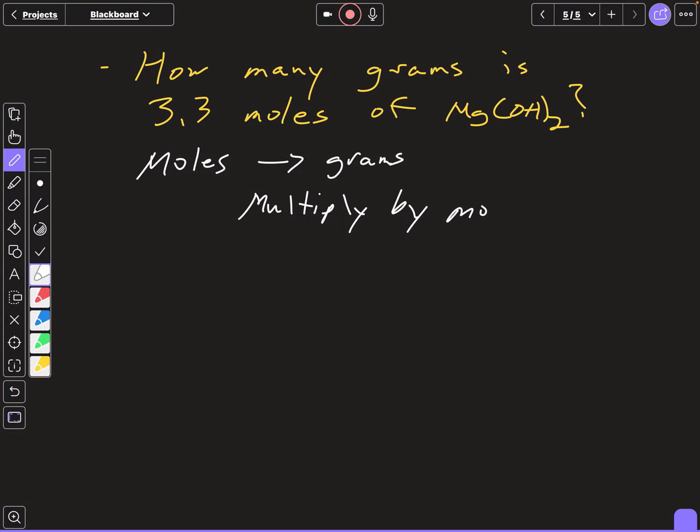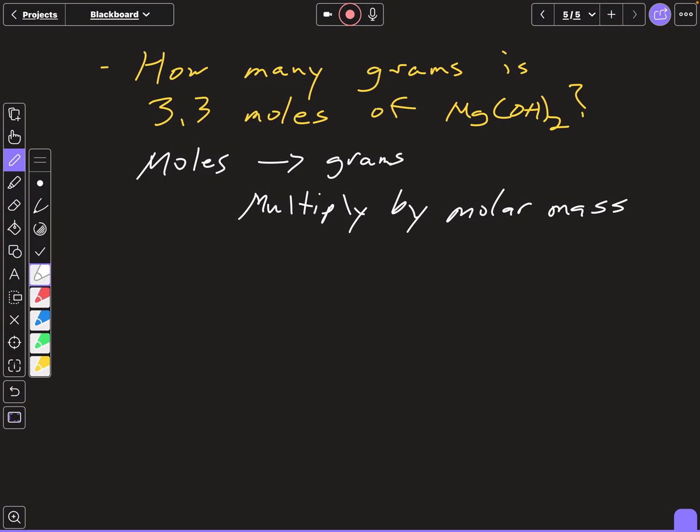Now I figured that most of you, if not all, are simply going to multiply by the molar mass instead of setting up a conversion factor and canceling out your units. So that's the way I'm going to work these. Remember moles to grams. If you remember, moles is like mini, grams is grande, mini to grande. How do you get from small to big?